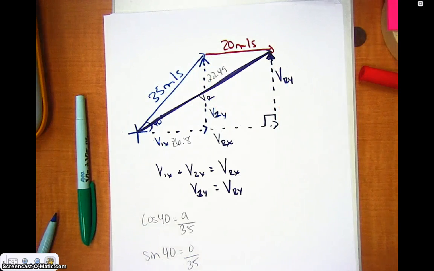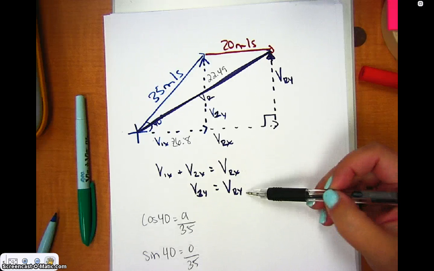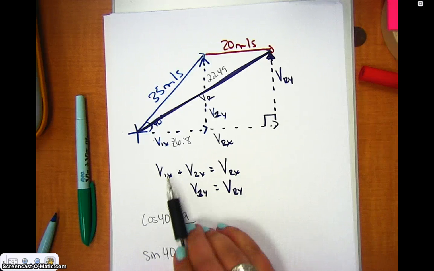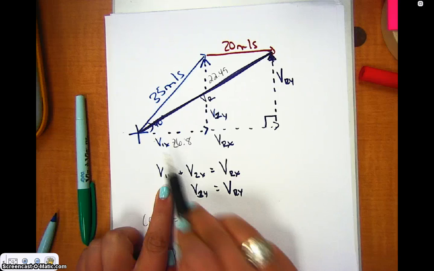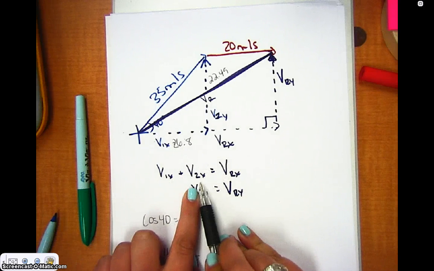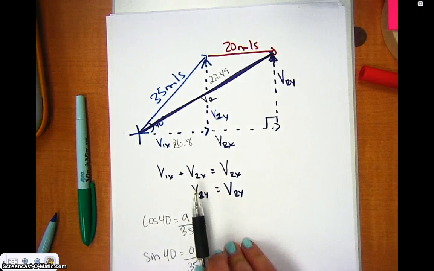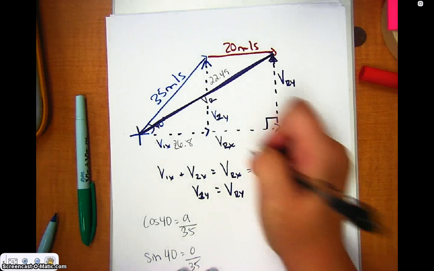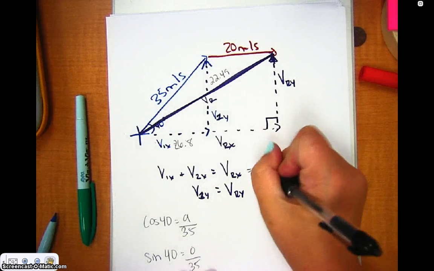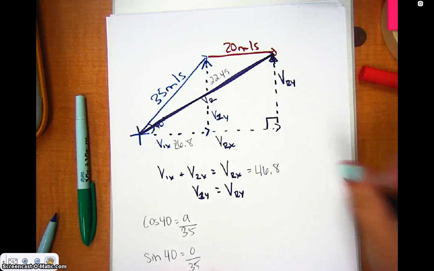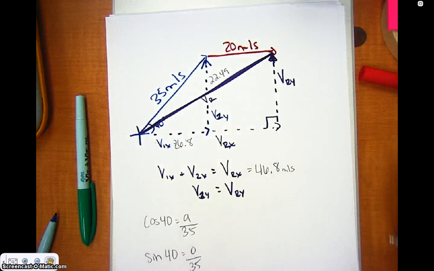And so then I could figure out my resultant x and my resultant y. The x of vector 1, which is 26.8, plus vector 2's x component, which is just 20. So this resultant would be over to the right 46.8 meters per second.